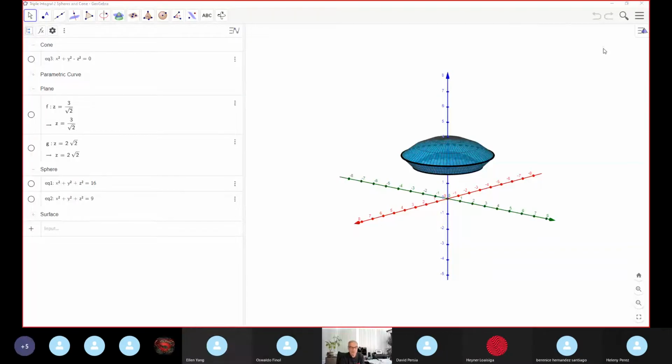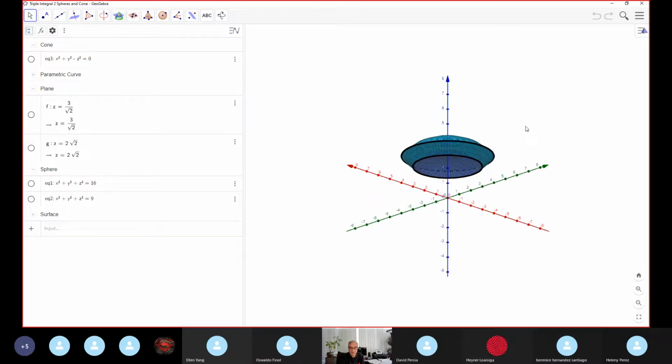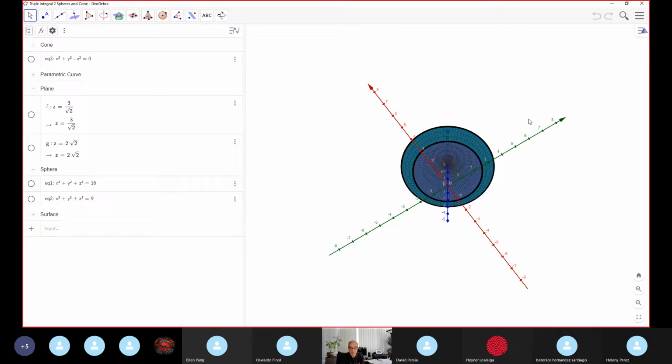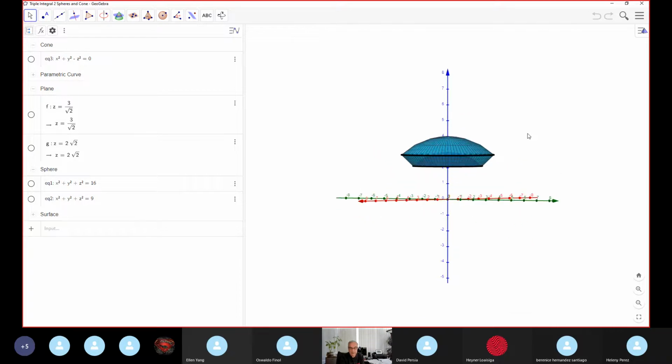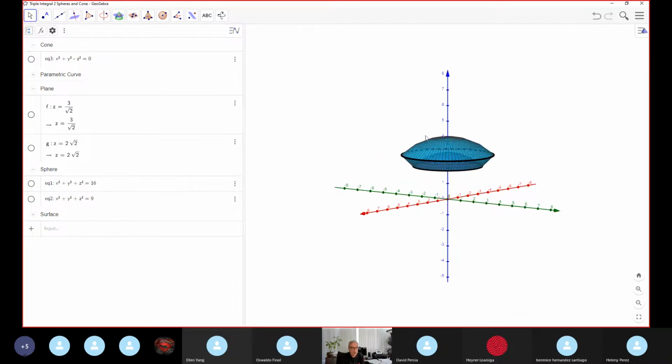Do you see? Do you see? Look. This is my solid. Do you see the bottom part? It's a little bit. Okay, let me show you.